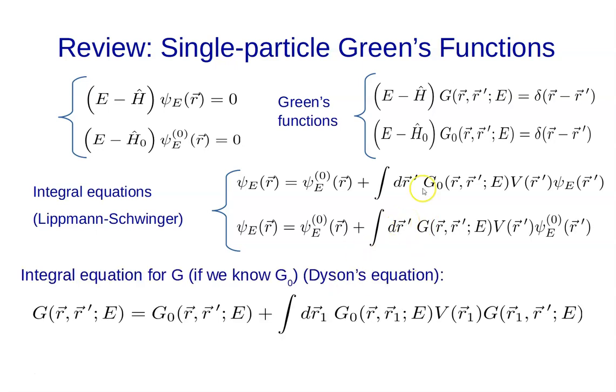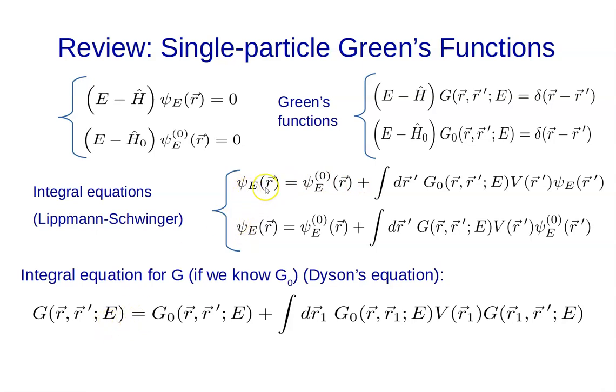Now, as I said, if I combine these two, I can get an integral solution for the interacting Green's function in terms of the non-interacting one, and that's sometimes called Dyson's equation. So here I'm essentially writing an integral equation for G in terms of G naught. It's very similar to this one in a sense.